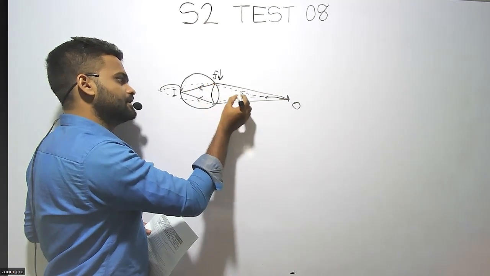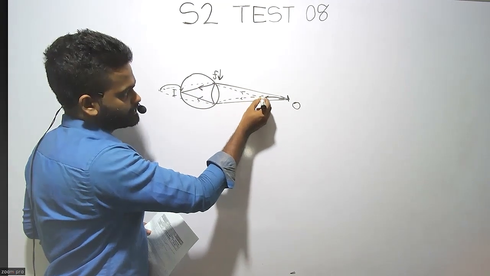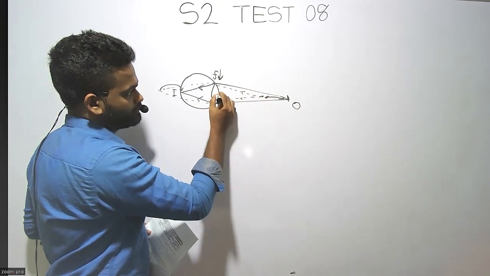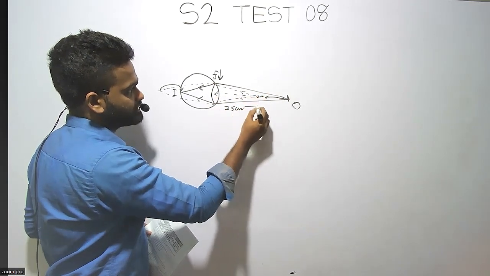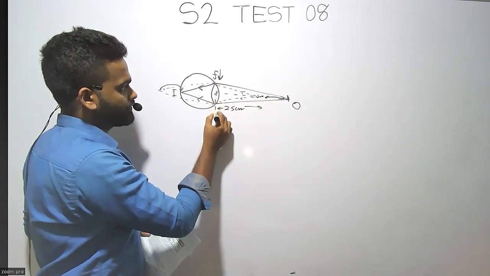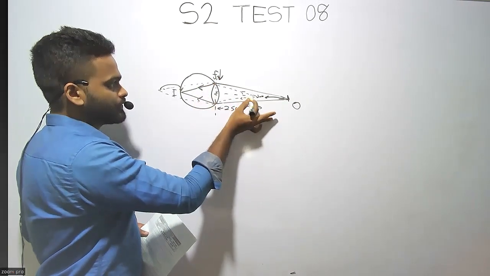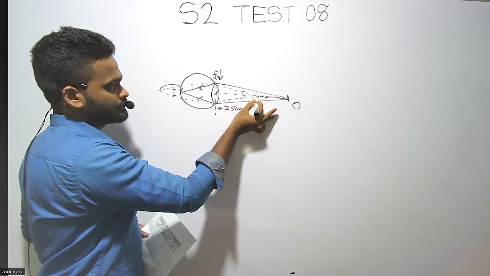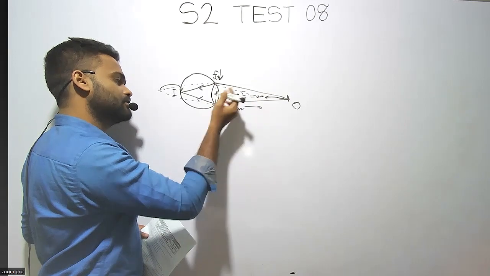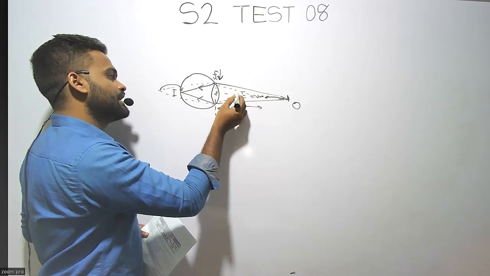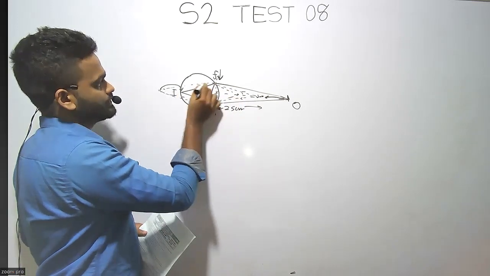That means there's a minimum distance at which the object should be placed. That distance is 25 centimeters, right? So if you further bring the object closer to the eye, what happens is it forms an image at the back of the retina, right?